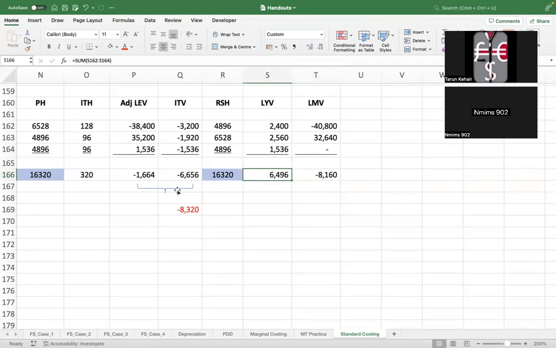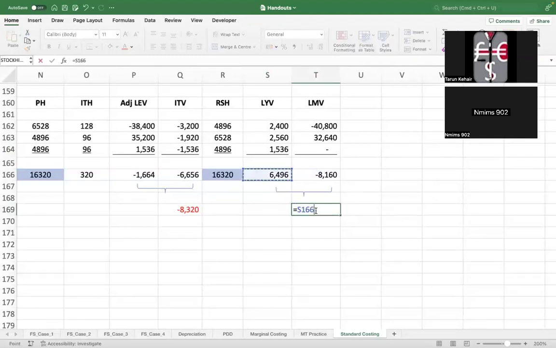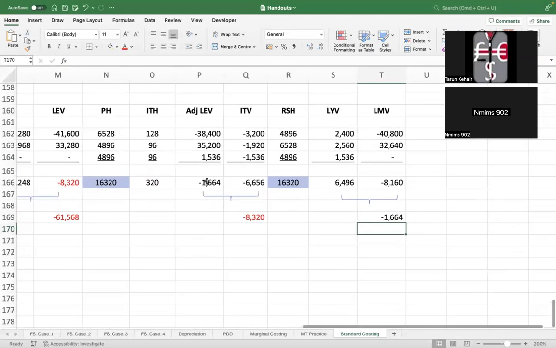Now add these two. Add these two and see what you get. This plus this, 1664, which is nothing but your adjusted labor efficiency variance broken up into yield variance and idle time variance.